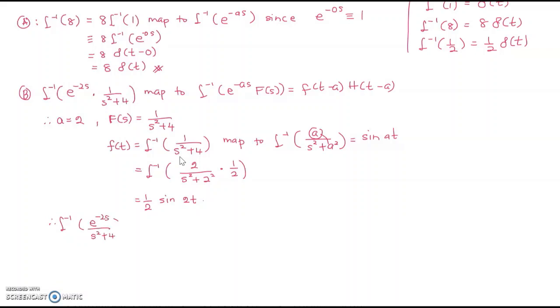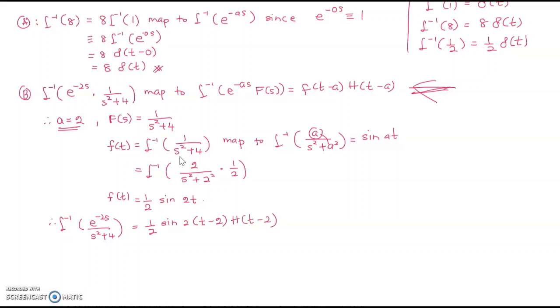So the answer to part B: the inverse of exponent negative 2s over s squared plus 4, you go back to this one. It is ft minus a. Since we have the ft here, if we want to get ft minus a, we simply substitute t with t minus a. In this case, again, our a is 2. So we have 1 over 2 sine 2, where t here now becomes t minus 2, ht minus 2.